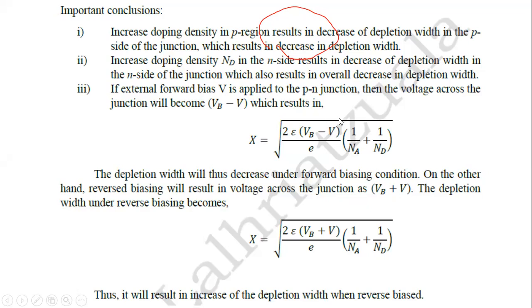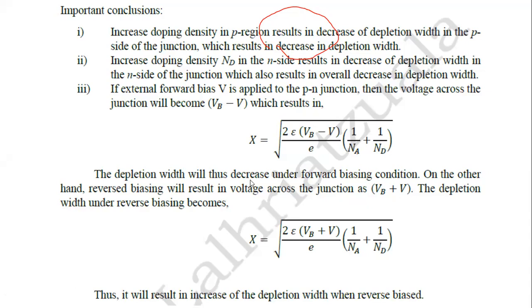Then you see that the depletion width X is proportional to the square root of VB minus V. So increasing V means you are decreasing your X value. The depletion width will decrease with forward bias.